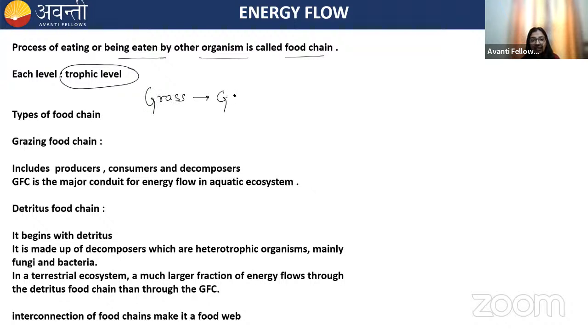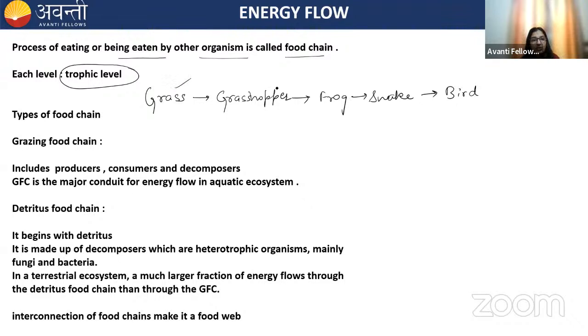Grass is eaten by the grasshopper. Grasshopper is eaten by, let's say, frog. Frog is eaten by snake. And snake is eaten by bird. This is a food chain, right?